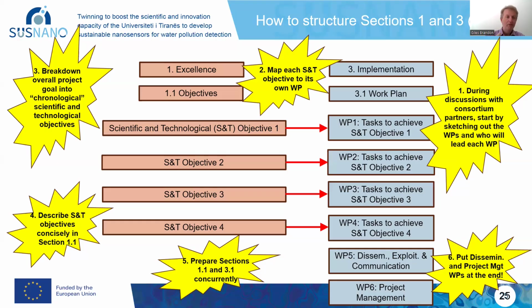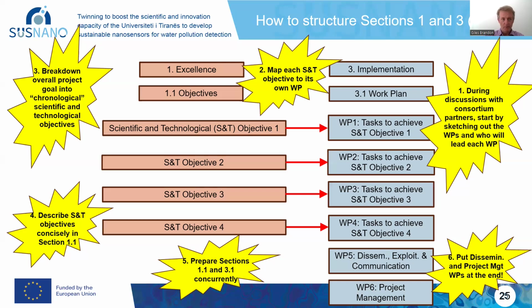Now, oftentimes, consortia will put the work package for project management right at the very start. I tell them put it at the end, simply because that then allows you to have this nice mapping between the scientific and technological objective number and its respective work package number.